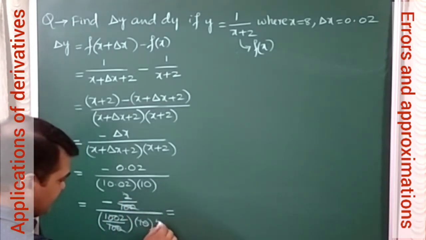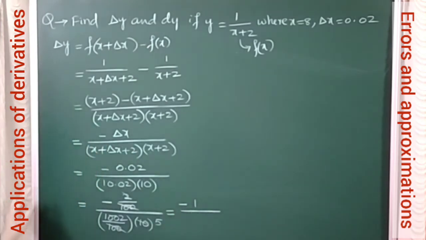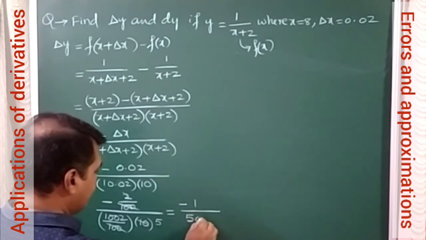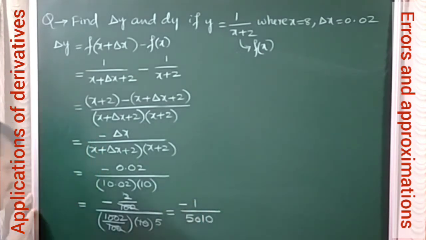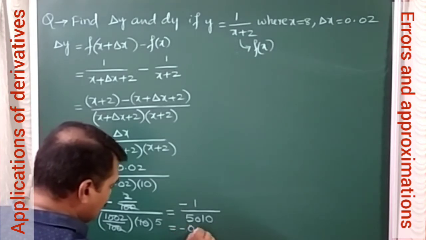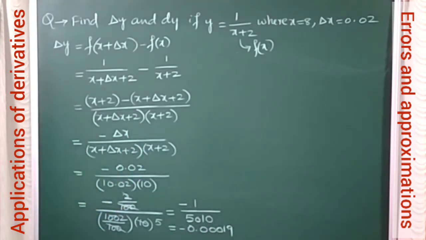So this I can cancel 2 times. So minus 1 by (1002 into 5), that means 5010. Minus 1 by 5010. If you further simplify that one, so minus 0.000, if you simplify this further, minus 0.00019 something you will get.